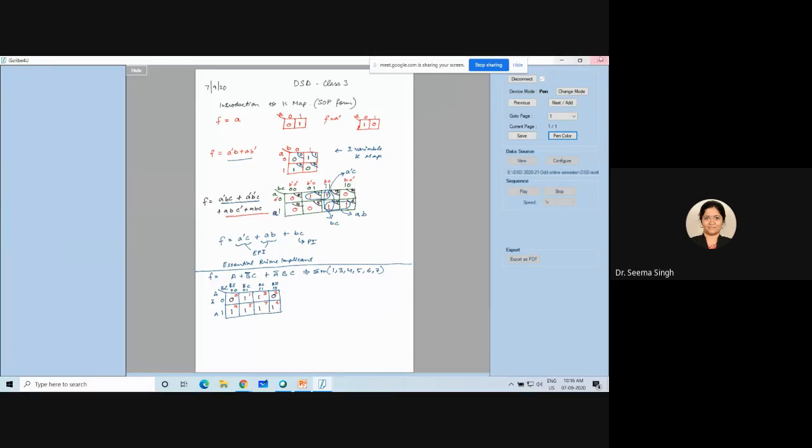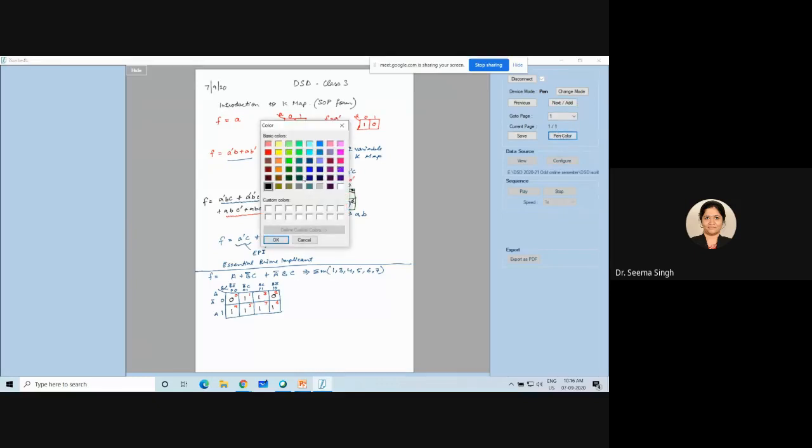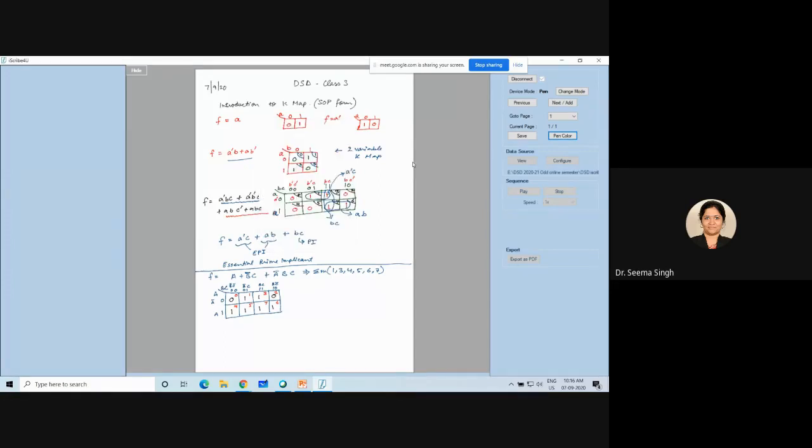Now, for this example, I will show you the grouping, and you should also understand that grouping requires all the ones to be covered. So I am showing you one very nice grouping here, which shows that a complete row is getting grouped. Can you see?